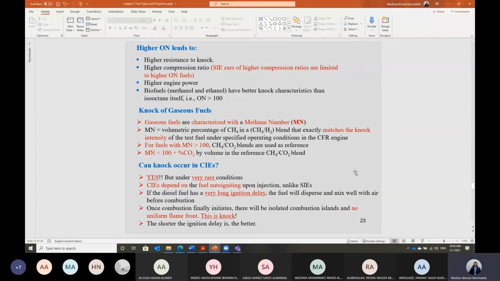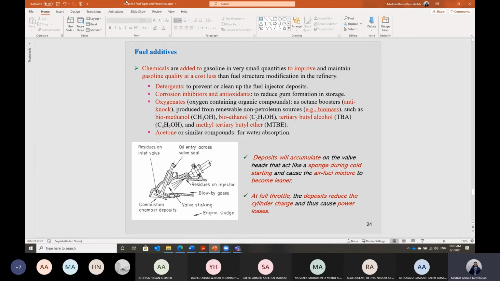We will have several combustion zones, and this may cause the engine knock. So engine knocking in a diesel engine occurs when we have a longer ignition delay period. The fuel is injected, but it takes longer to self-ignite.